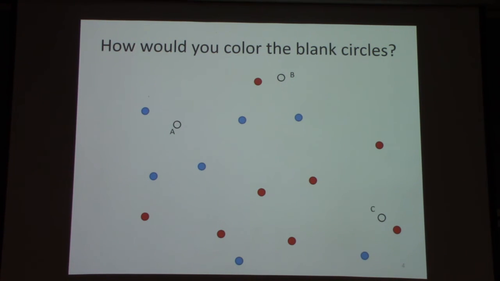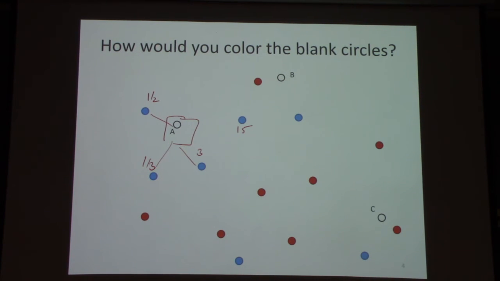Let's say this point is a half, this point is 1/3, this point is 15, and this is 3. Now for the test point A, let's say I do k nearest neighbors with k equals 3. So this is my test point. The 3 nearest neighbors, let's say, are these 3.